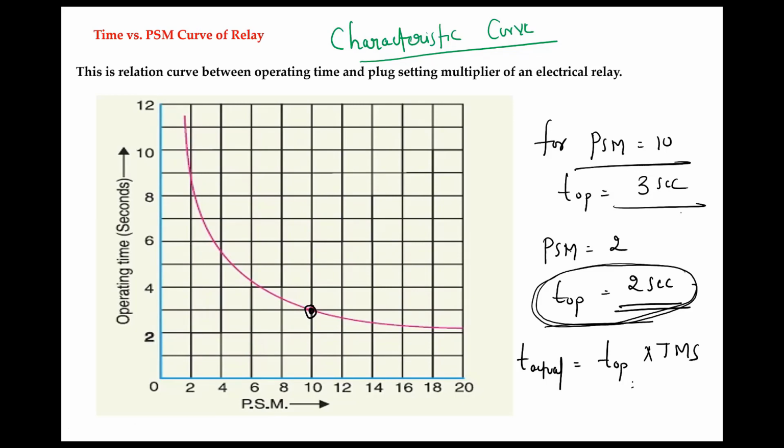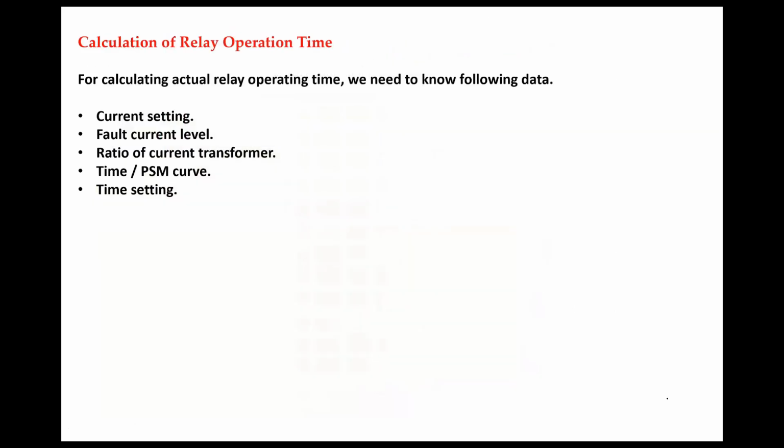So these are the characteristics of the overcurrent relay. It can be directional, non-directional, negative sequence relay, everything. For any overcurrent relay, these parameters are the same: the current setting, fault current level. To calculate the relay operating time, you require all these 5 parameters.